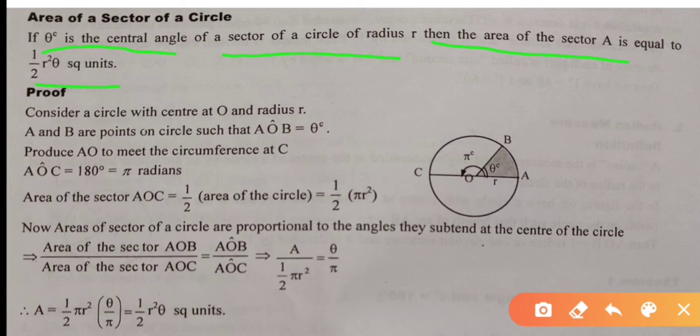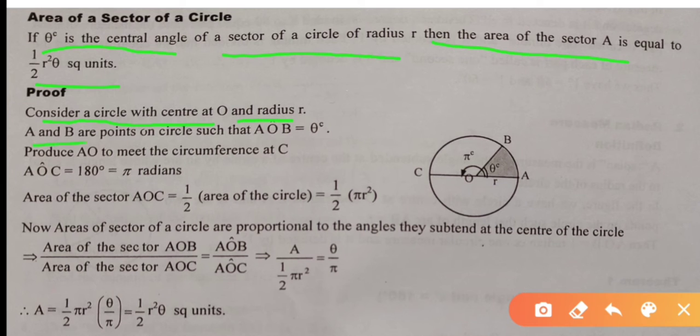Now proof for this one, what is the statement here? If theta is a central angle of a sector of a circle of radius r, then the area of a sector A is equal to half r square theta square units. See, consider a circle with a center O and a radius r.